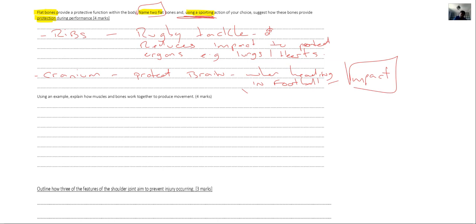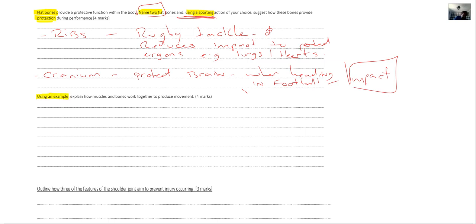Okay, this next question. This is a difficult question. We've gone through this quite a while ago now, but it's just a sort of a method type question to understand. So basically it is: how does the skeleton and the muscles work together to produce movement, using an example. Okay, so it's key that we must have an example to talk about, right?